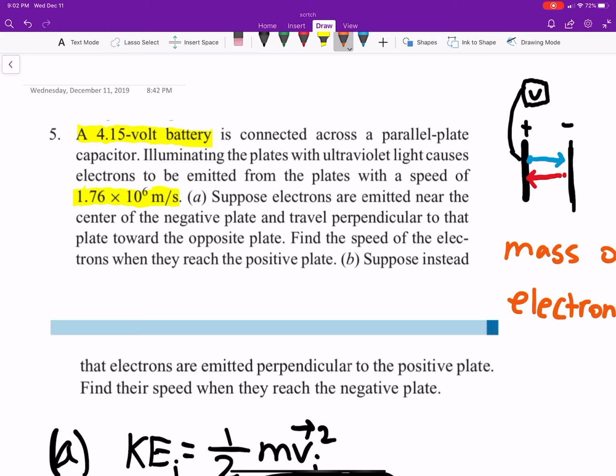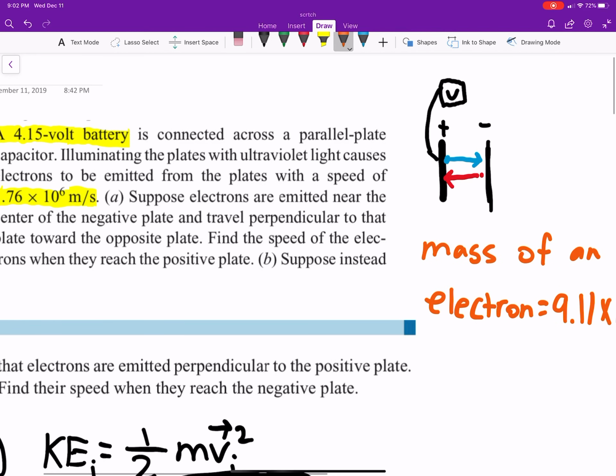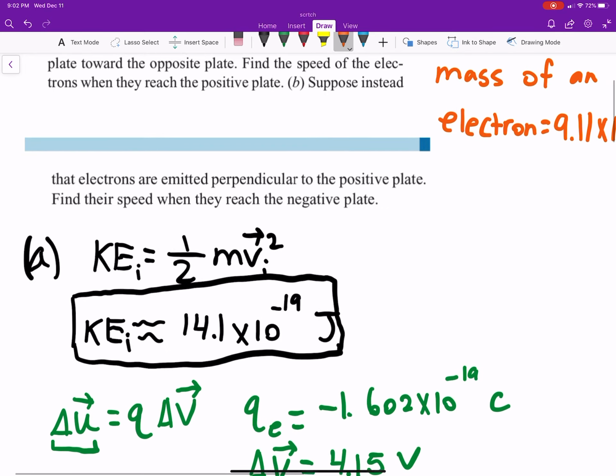If you have an electron, right, and you're moving towards a negatively charged plate, there's going to be a force slowing it down. So if you have a force, you're going to have some sort of acceleration opposing motion. So that tells us that it should be not going as fast as it would be if instead it was moving towards a positively charged plate, because that positively charged plate is going to attract the electron.